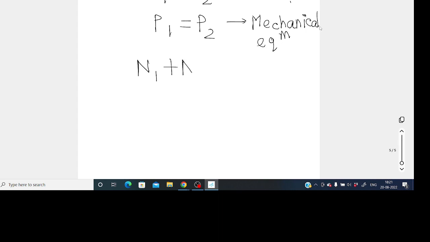We also have the total number of particles constant, N1 plus N2 equal to constant. From this you can show that mu1 equal to mu2. This is called chemical equilibrium, the condition for chemical equilibrium. At chemical equilibrium we have equal chemical potential of the two subsystems.